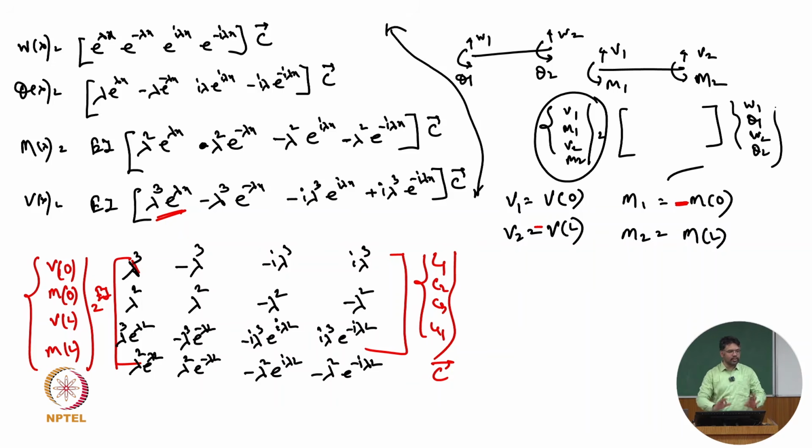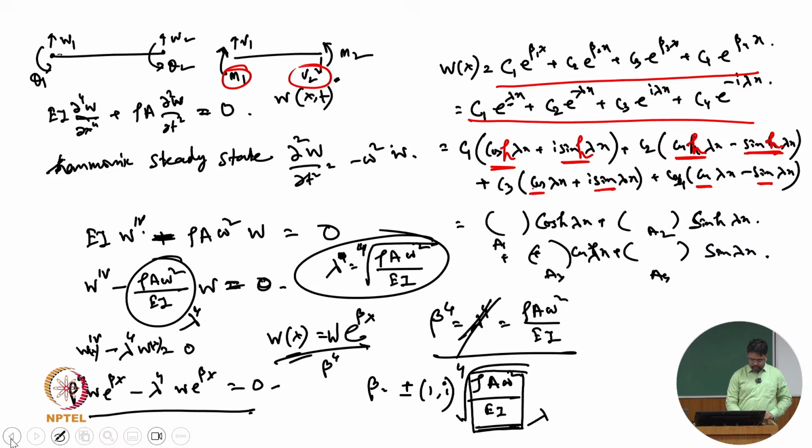Look, we substitute the full matrix, and that matrix can be defined also, because you know the value of lambda for a particular omega. Check what is the meaning of lambda. Lambda is the fourth root of rho A omega squared divided by EI, only the positive root.